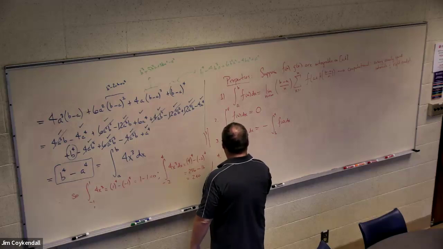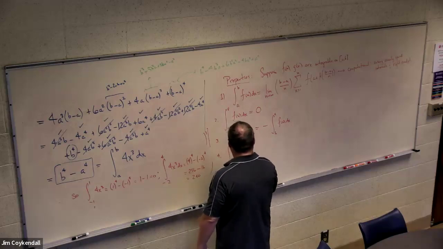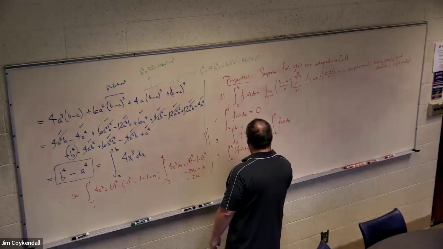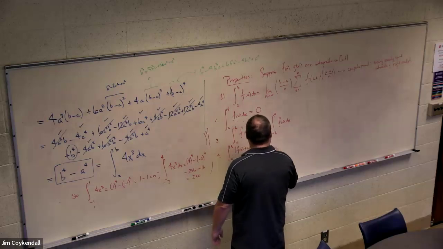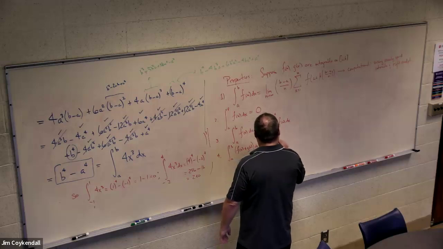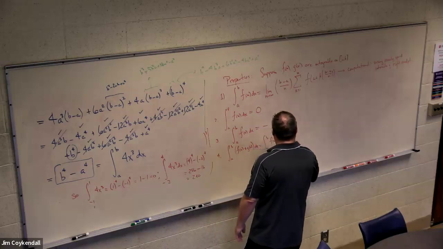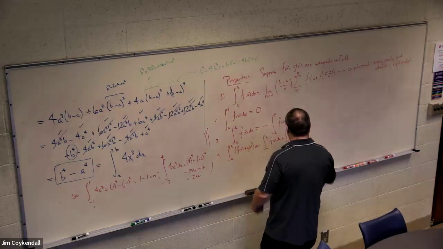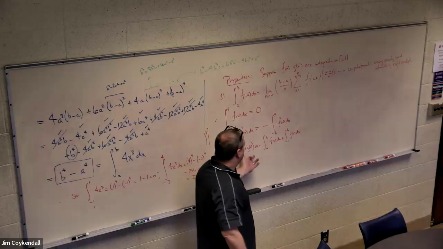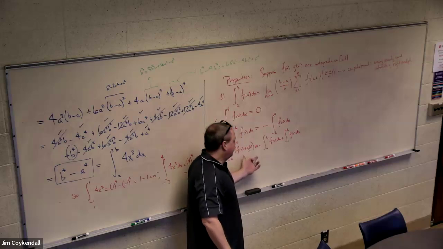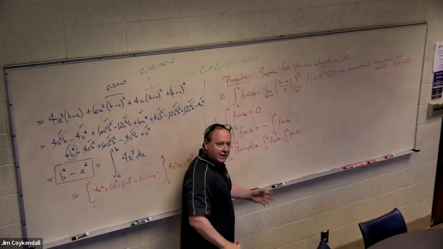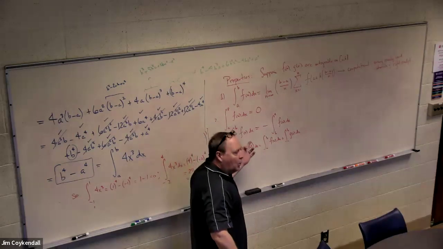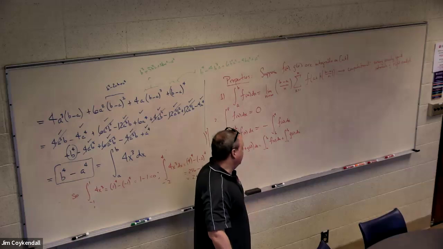The integral from a to b of f of x plus g of x. Why is this true? This is true because, what is an integral? Here's my first moral of the story. What is an integral? It is a limit of sums.